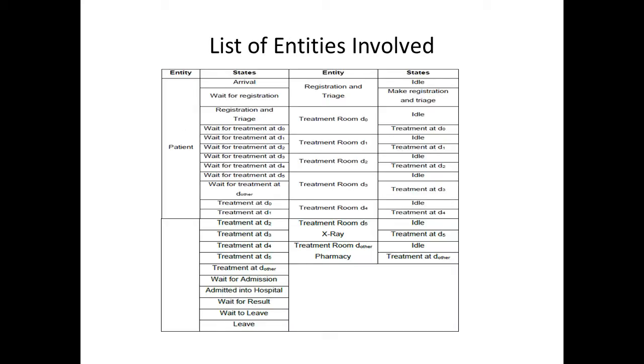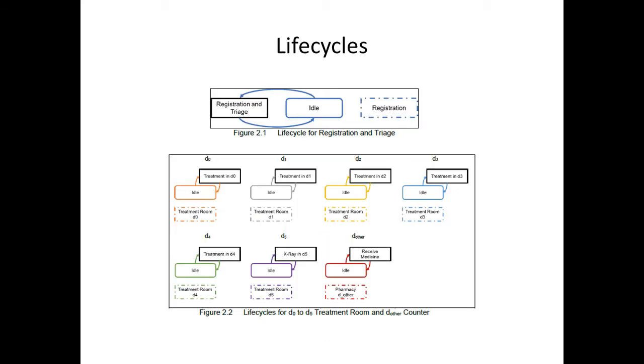Now we are looking at the list of entities involved in our system. The entities involved are patients, registration and triage, treatment rooms D0 to D5, X-ray rooms, and pharmacy. Figure 2.1 shows the life cycle of registration and triage rooms.